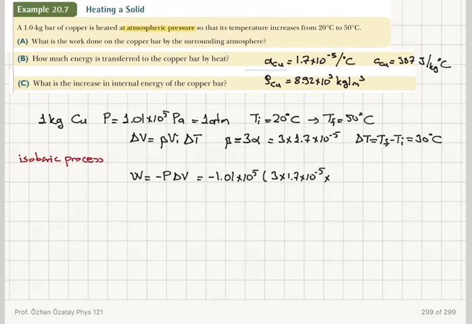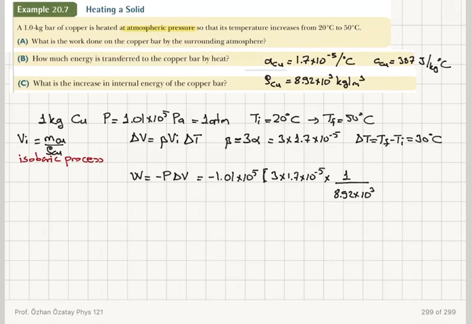Density rho is mass divided by volume, so volume is mass divided by density of copper. So this will be 1 kilogram divided by the density of copper, 8.92 × 10^3 kilograms per meter cube.